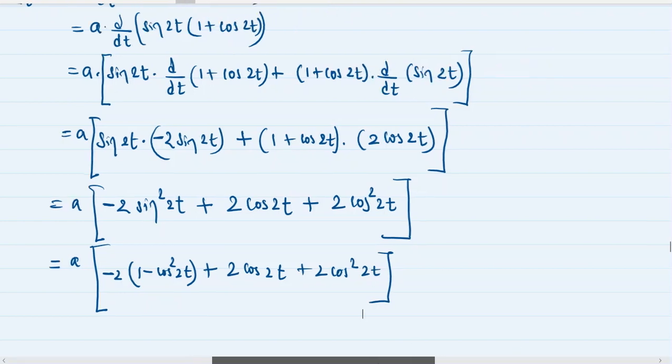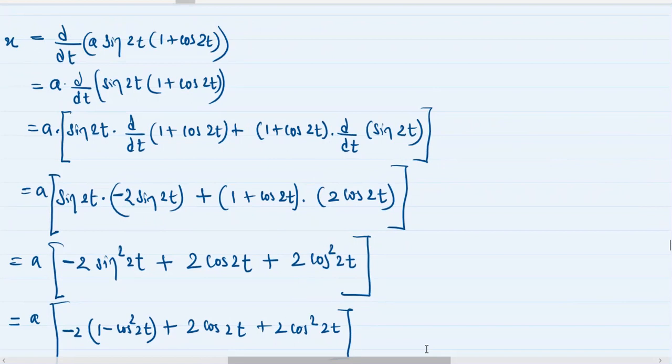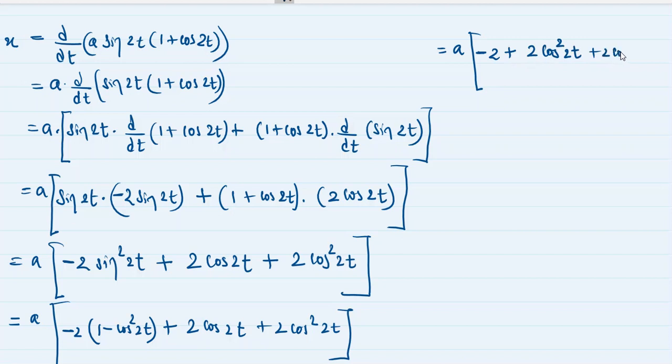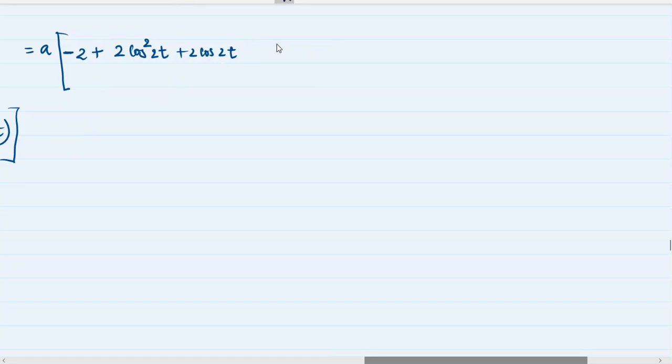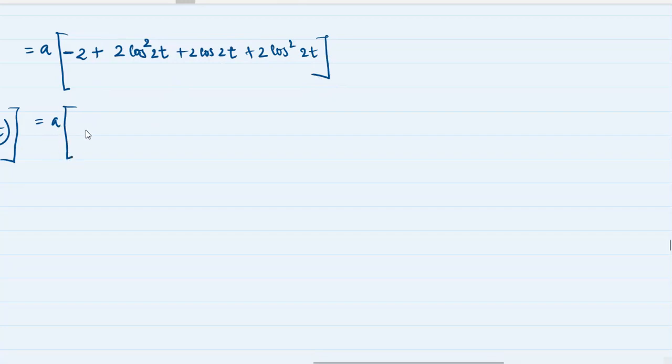Okay, so we have a bracket minus 2 plus 2 cos square 2t plus 2 cos 2t plus 2 cos square 2t, which is a bracket 4 cos square 2t plus 2 cos 2t minus 2.